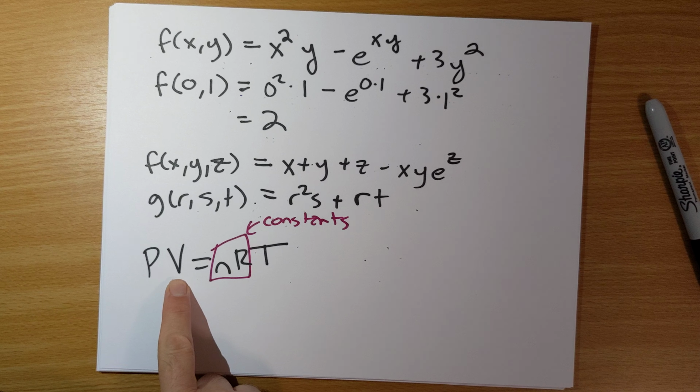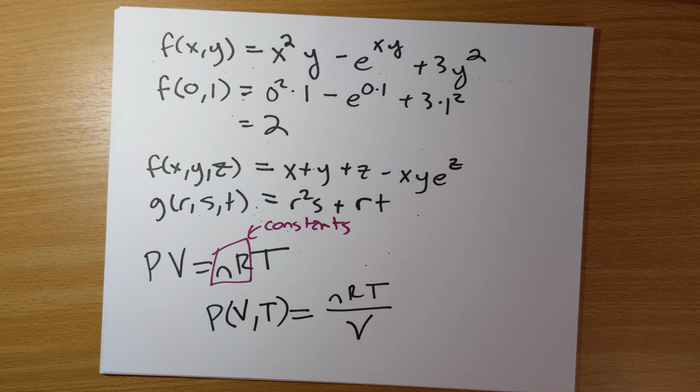And so what we can do is rearrange P to equal nRT over V here. Again, n and R are some constants here. T is temperature, V is volume. So we can think of pressure, P, as a function of volume and temperature here. That's given by this relation here.